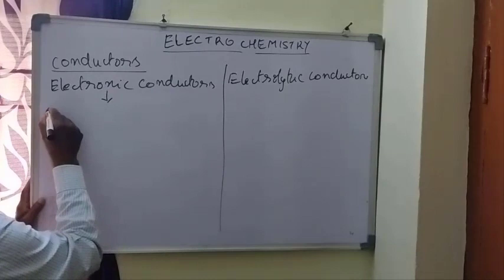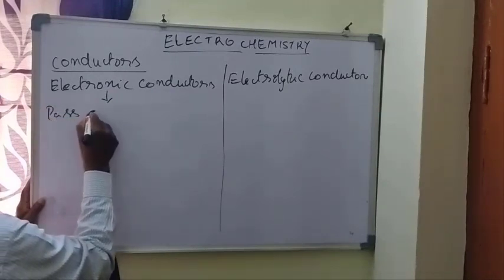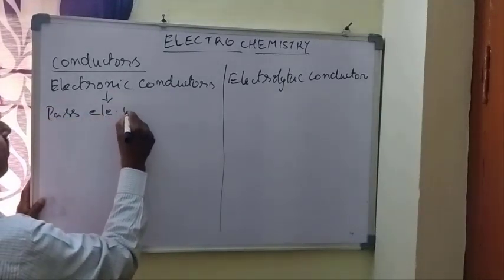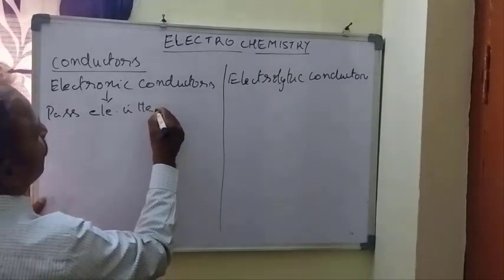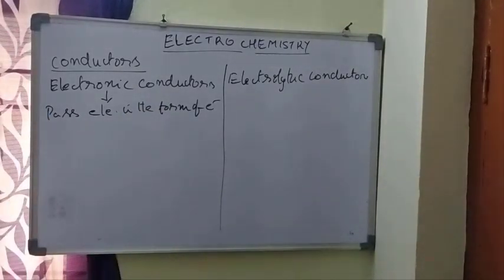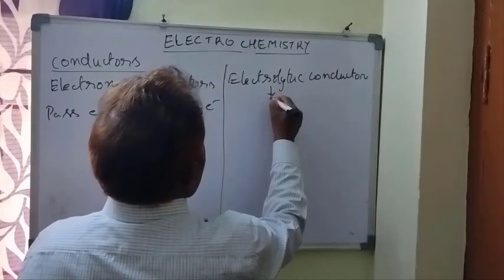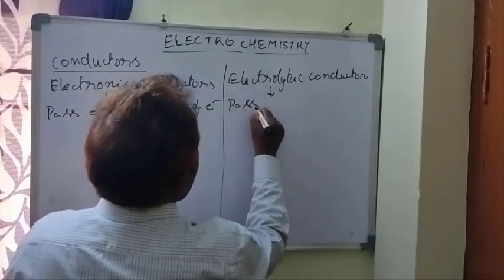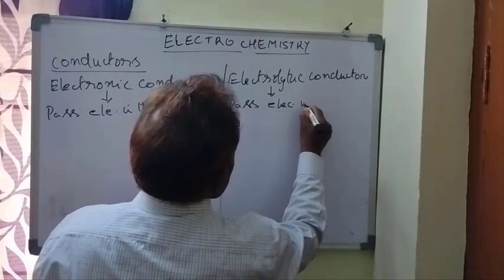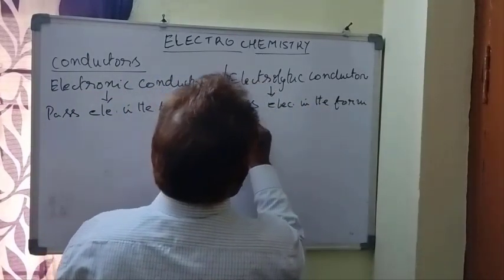Electronic conductors pass electricity in the form of electrons, whereas electrolytic conductors pass electricity in the form of ions.